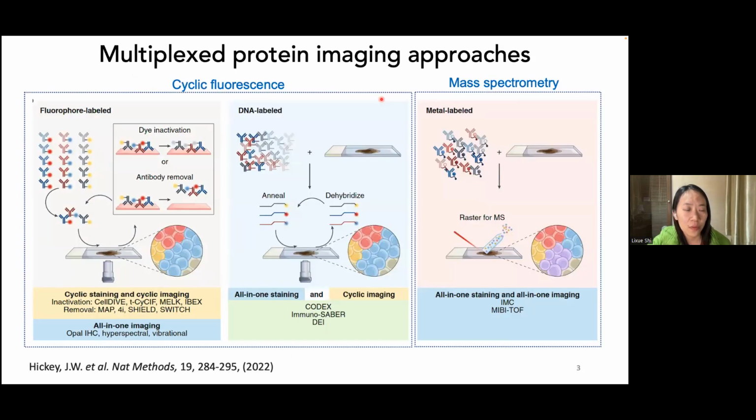Recently, to probe in situ biology, several multiplex imaging methods have been developed relying on antibodies directed against protein biomarkers. There are two main categories. The first is cyclic fluorescence with fluorophore- or DNA-labeled antibodies. The second is mass spectrometry, which uses metal probes.